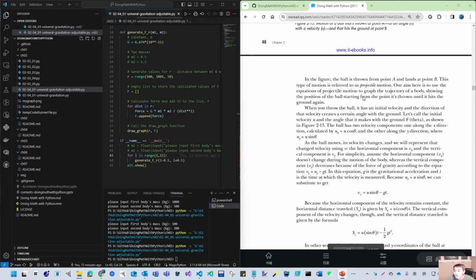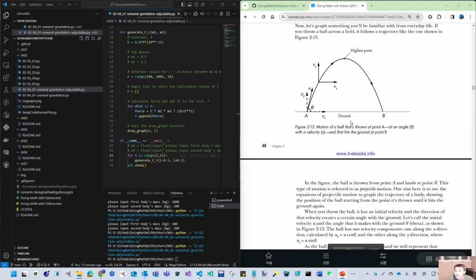We call this initial speed the velocity u. So you have that velocity, and also you have this angle, which we call theta. These are the two inputs we should have.